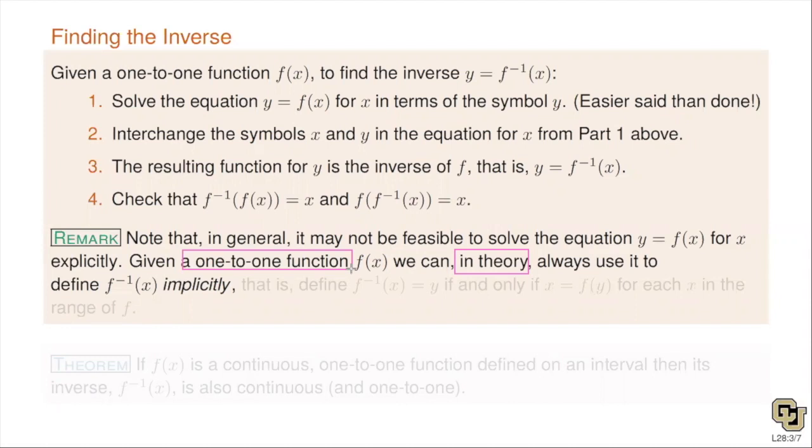If I know how f behaves, then in theory I can reverse that behavior, and I know the inputs and outputs for f inverse. So we can define it implicitly. That is, I can define f inverse of x to be equal to y if and only if x equals f of y. This is a way of using the original function to define the inverse without ever finding a formula for the inverse, just by reversing the relationships.